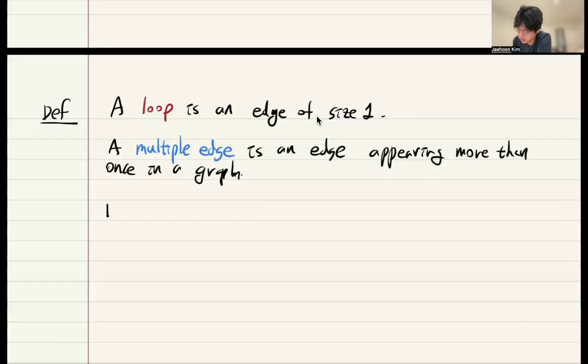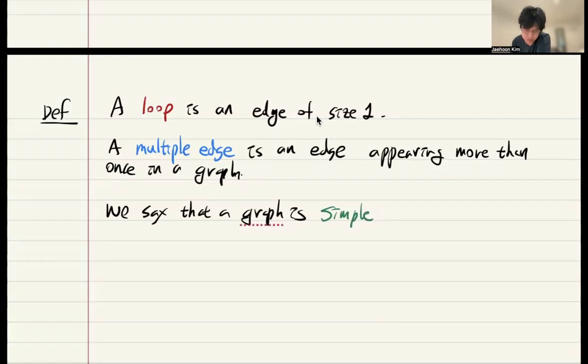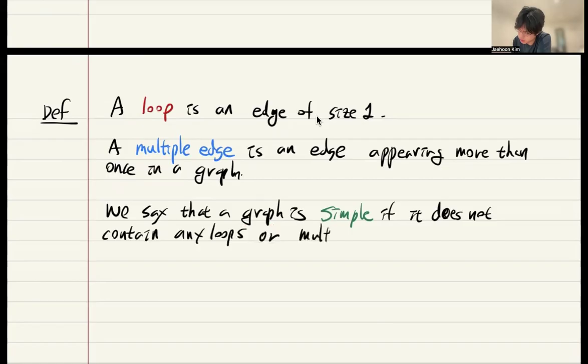And we say that a graph is simple if it does not contain any loops or multiple edges.